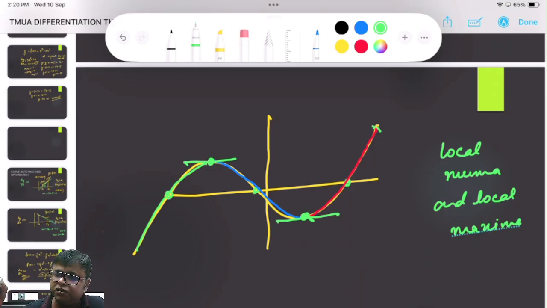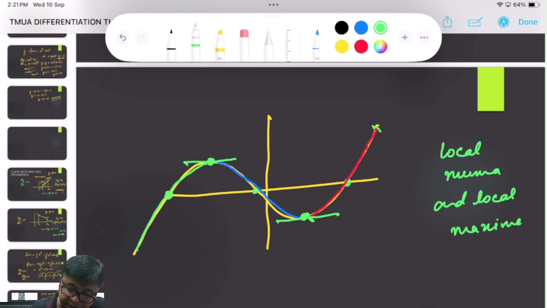The moment the slope becomes zero, we say it's a point where the curve is changing its nature from negative to positive, and the slope becomes zero. So those are the points of local minima and local maxima.